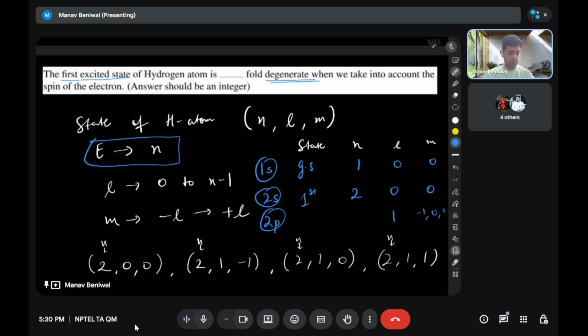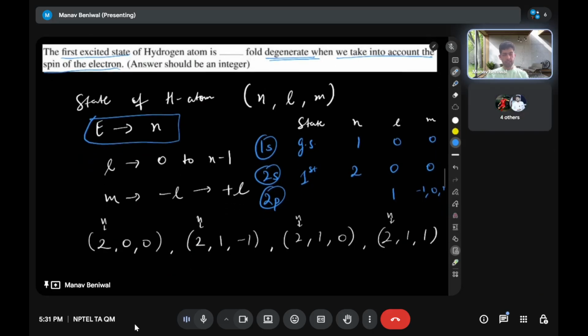The next thing they have mentioned is that we have to take into account the spin of the electron. We know that the electron has spin half, so each state can be occupied by 2 electrons, up and down.